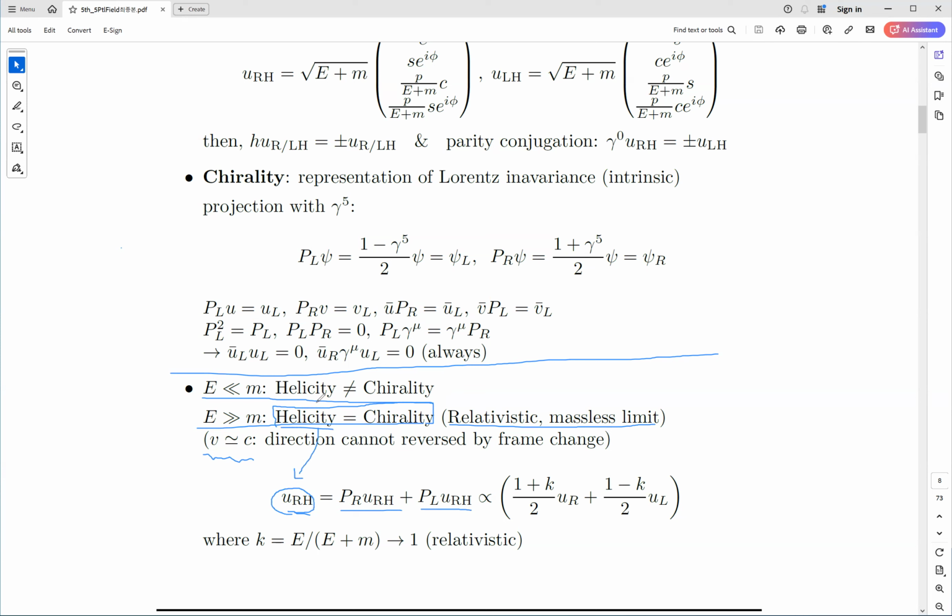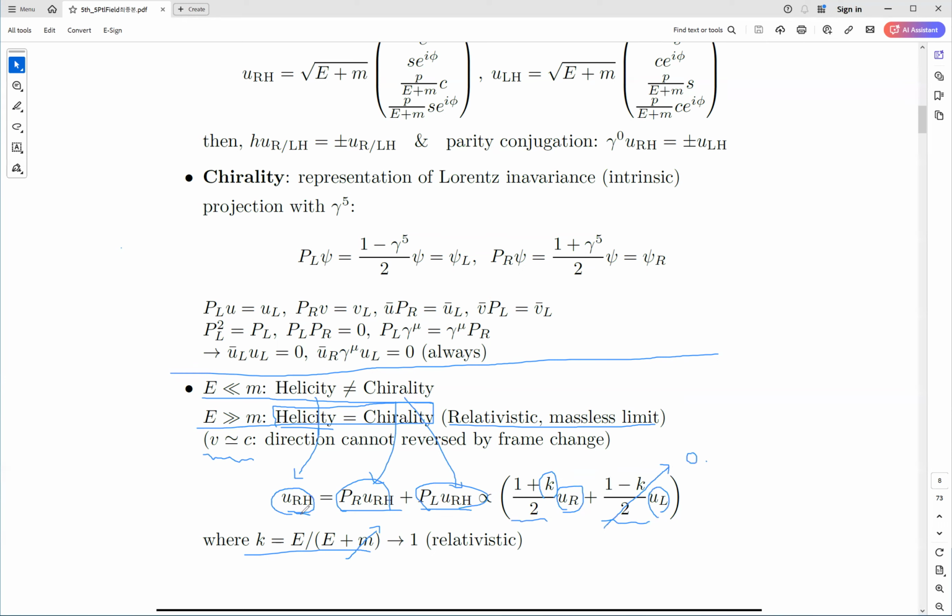But for the non-relativistic case, the right-hand chirality and the left-hand chirality combine, and the right-hand part can be expressed by this coefficient and the left-hand chirality can be expressed by this factor, and this is actually given by E over E plus M. And when the mass is almost 0 in the relativistic limit, the coefficient becomes 1, so the left-hand chirality becomes almost 0.